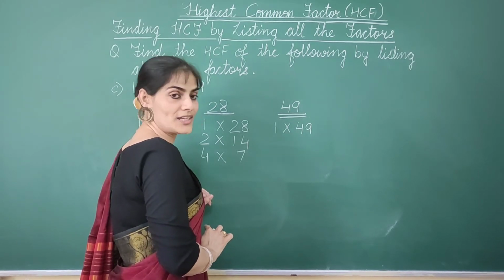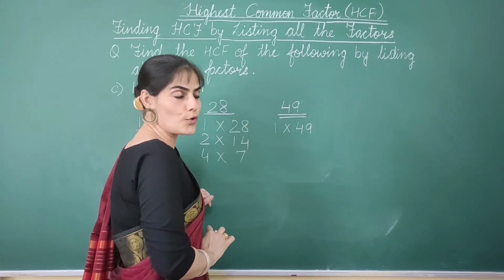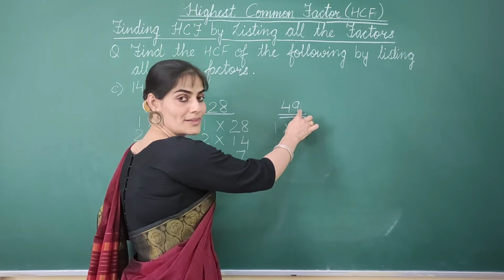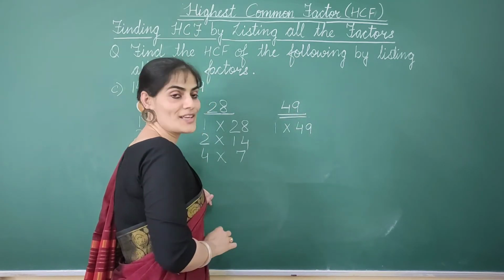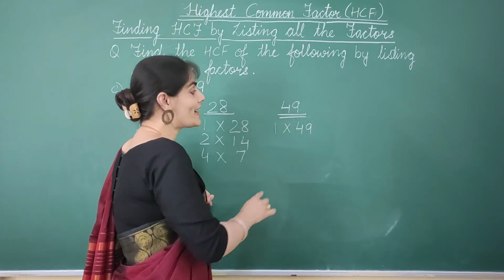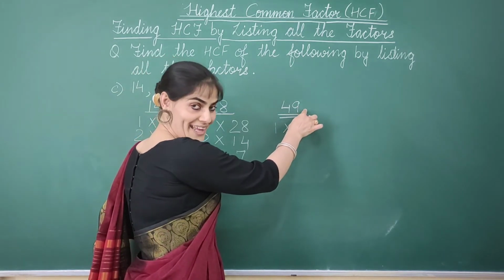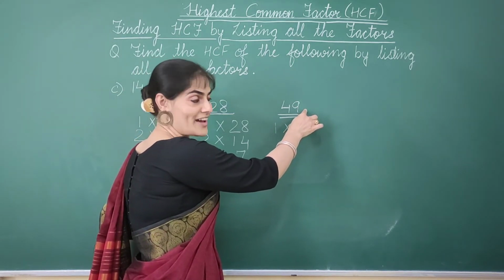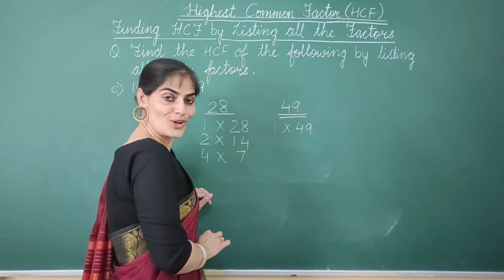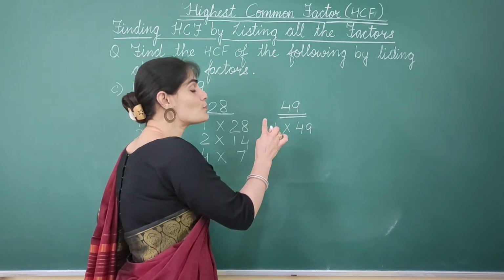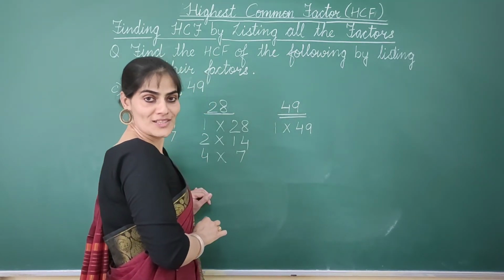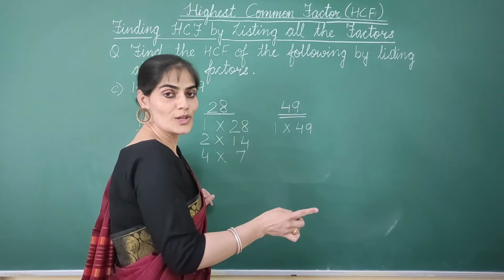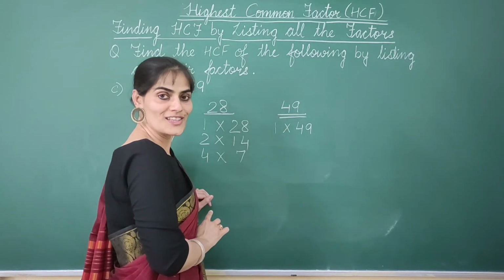The next counting number after 3 is 4. And as it is an odd number, that means 4 is not its factor. Again, this number is not ending in a 0 or a 5. So 5 is also not its factor. And as both 2 and 3 are not its factor, so 6 will also not be the factor of this number.